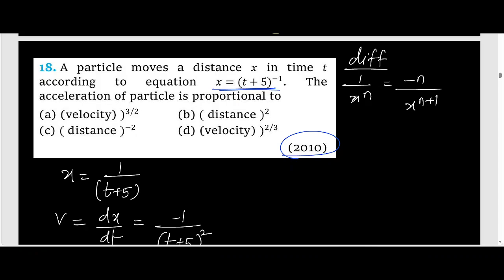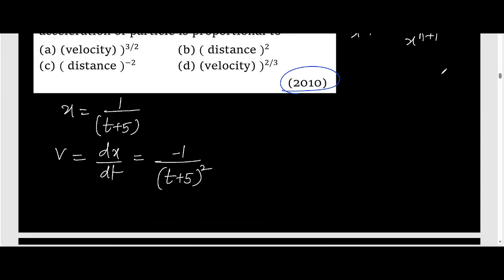So here the power is 1, so minus 1 by, with an extra 1 in the denominator, t plus 5 to the power 2. What is acceleration? It is dv by dt. So minus 1 was already there. Now differentiation of 1 by t plus 5 whole square. So negative n upon t plus 5, power increases by 1. So 2 becomes what? 2 becomes 3.